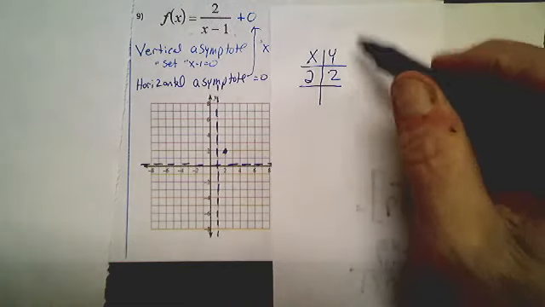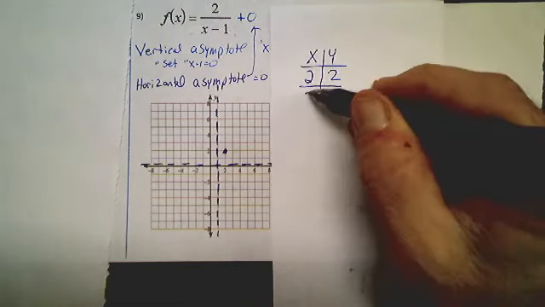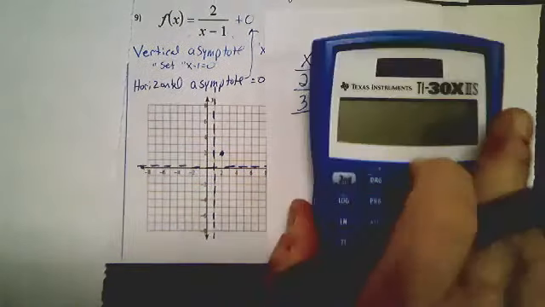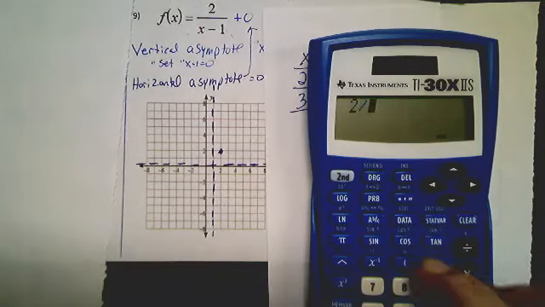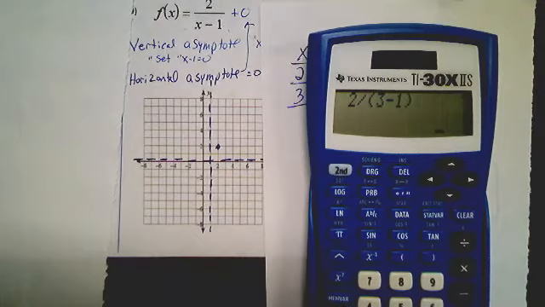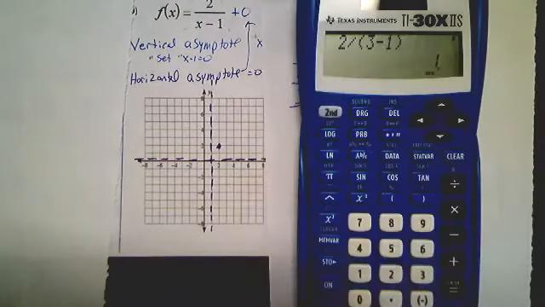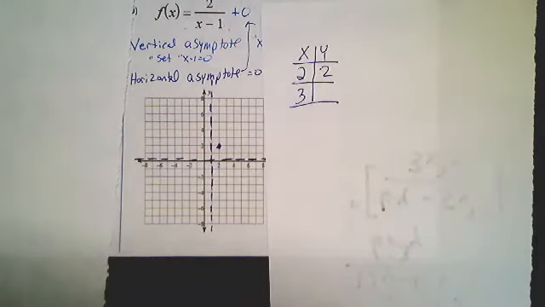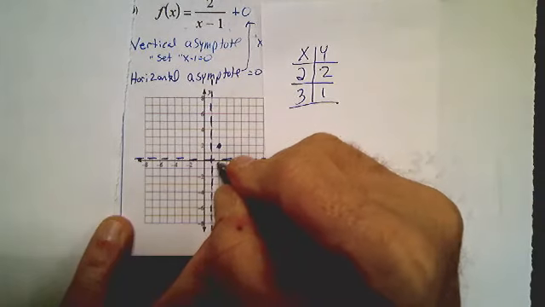Oh, let's do 3. So you got 2 divided by 3 minus 1. That's 1. I did the math for you up here on the screen. You can see it. That's a 1. So over here at 3, we get 1.